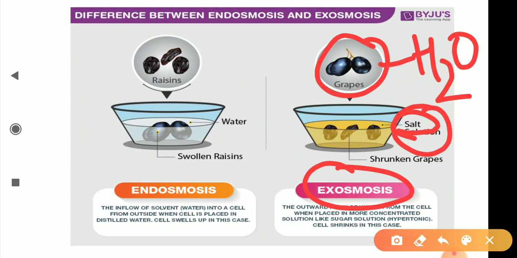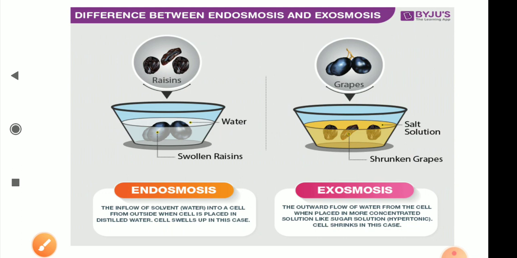So the water from the grapes will come into the salt solution, resulting in the shrinkage of the cell shape. It means the grapes are going to shrink. This is due to the loss of water from inside the cell. This is called exoosmosis.